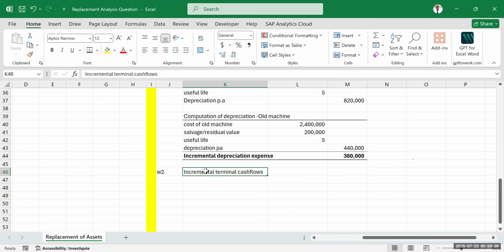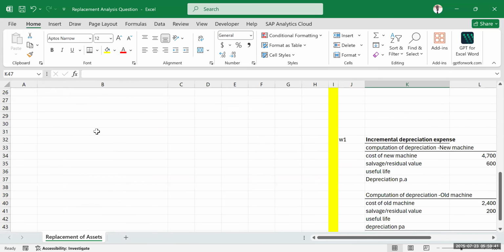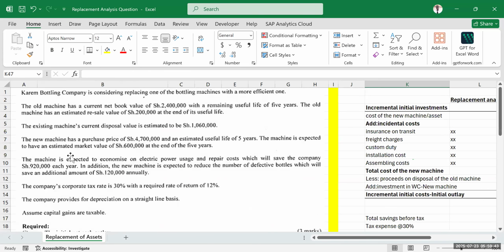On incremental terminal cash flows, we start again the same way by looking at our new machine. What is the terminal cash flow on our new machine? I want us to go to the question and see the framing. For the new machine, we were told, apart from the purchase price, the machine is expected to have an estimated market value of 600, at the end of the 5 years.